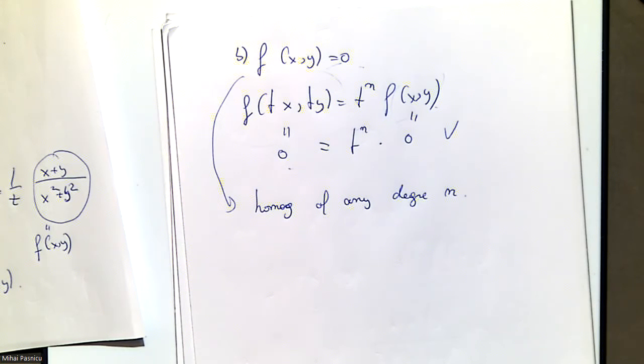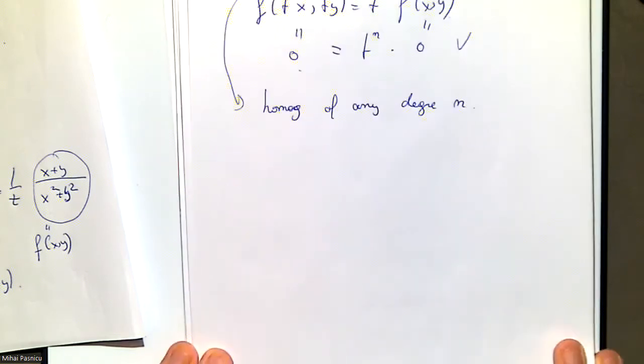Now, I've read some of the lecture notes, and I'm a little bit confused myself in the sense that he uses homogeneous of any degree n quite often. But what he means is you fix a degree n, but that n can be anything, okay?